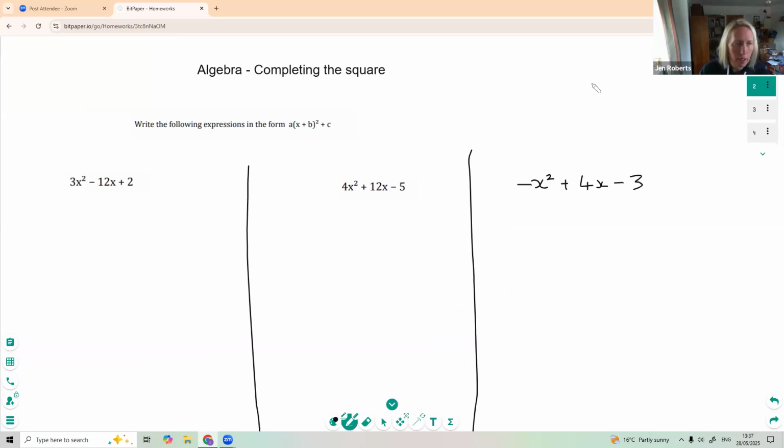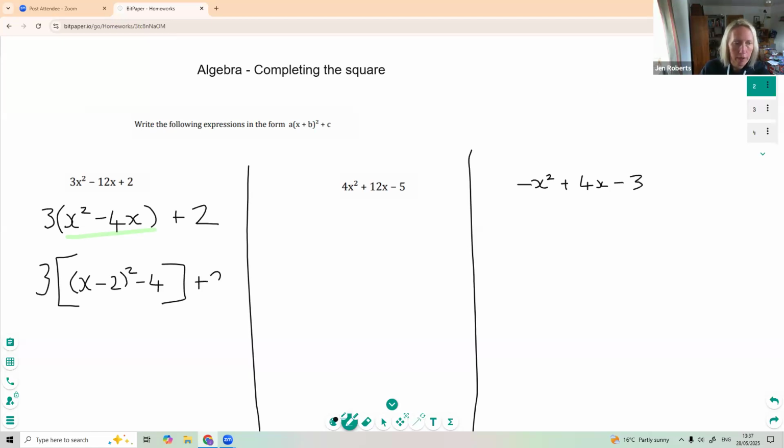Okay, this one, I'm definitely not going to divide everything by 3 here. Maybe you have. You'll still get the same answer. I'm going to complete the square with my x squared minus 4x in my big brackets. Half of 4 is 2. Minus 2 times minus 2 is positive 4, so I need to take 4 away.